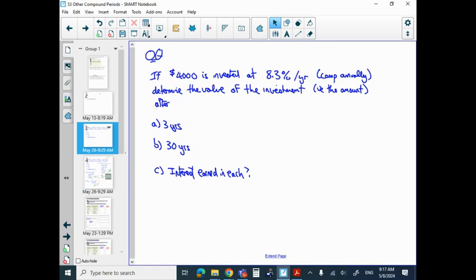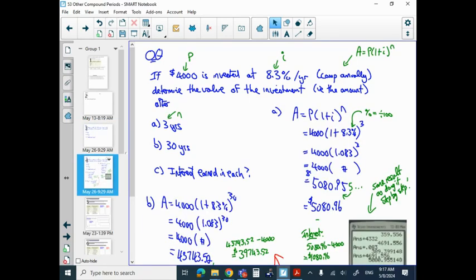Now I just have a solution worked out that we'll look through. Obviously the formula for compound interest is being used here, A = P(1 + i)^n, and I've identified the P, the i and the n, and the part A is 3. So we have the principal of 4,000, the interest rate as a percent for i, and of course the 3 for the n.